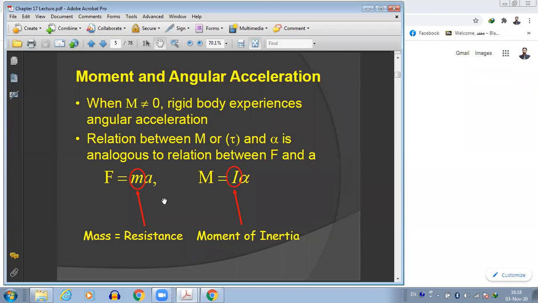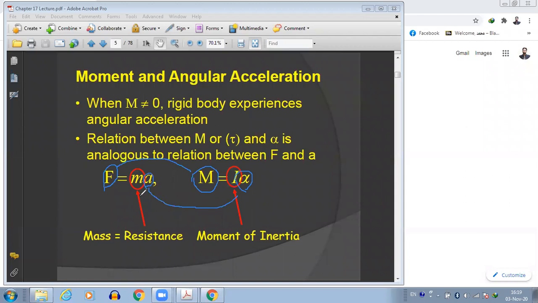The similarity could be seen here: force was something which was causing the linear motion, and instead we have the moment, which tends to produce the angular motion. And a was the linear acceleration, so instead of a, we are going to have alpha, which is the angular acceleration.